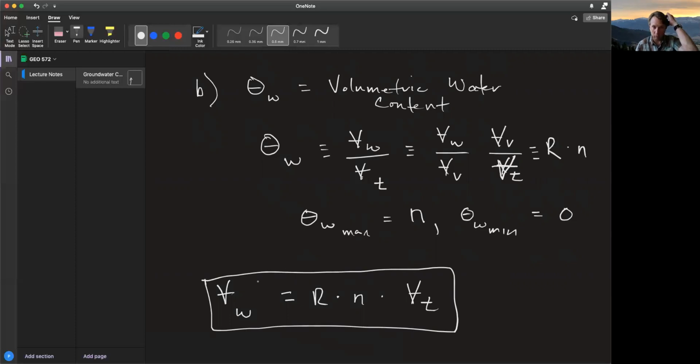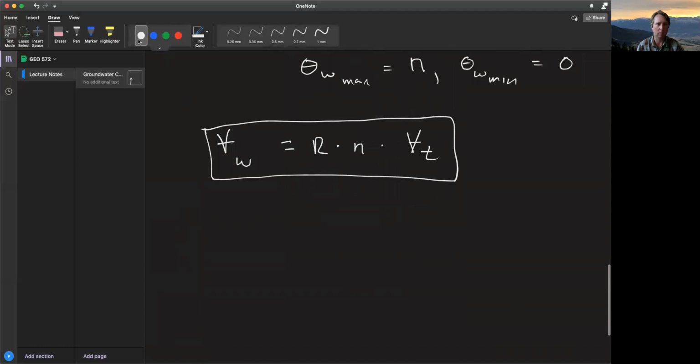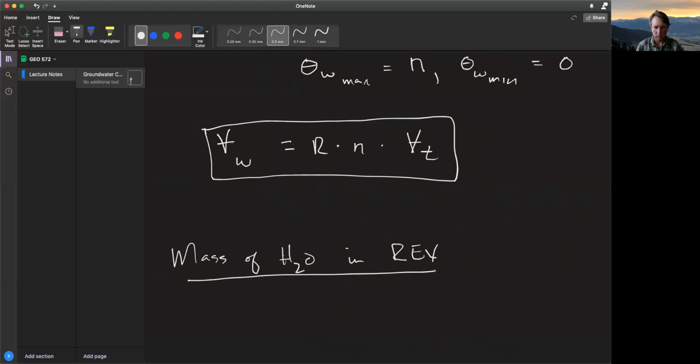Okay. So we might be interested in not just the volume of the water, but the mass of the water in the REV. Well, let's start off by remembering the definition of density. All right, that is mass of water divided by the volume of water, right?